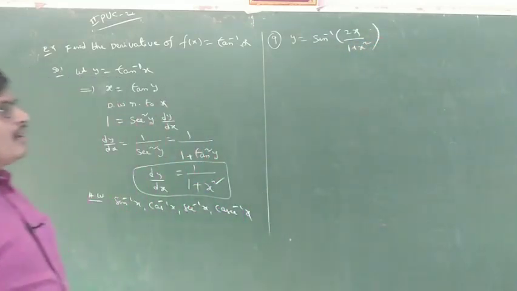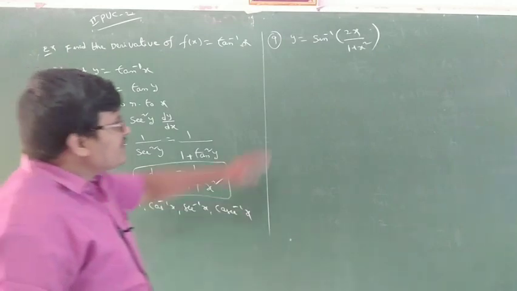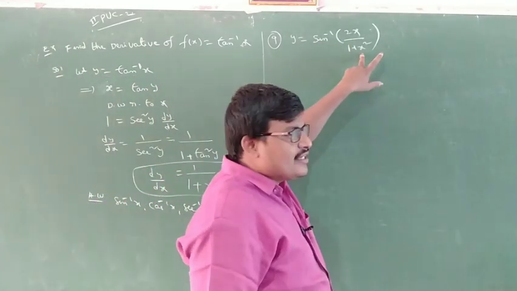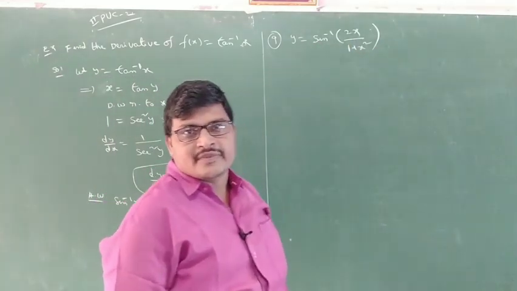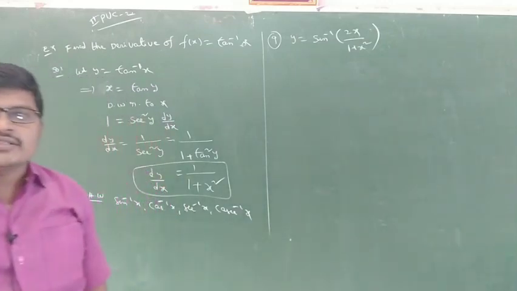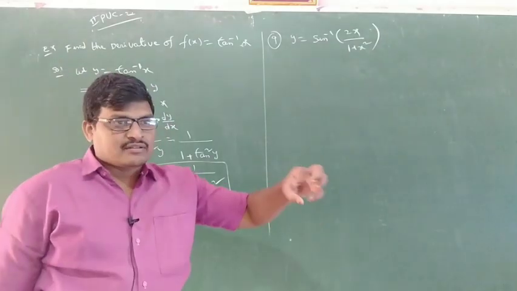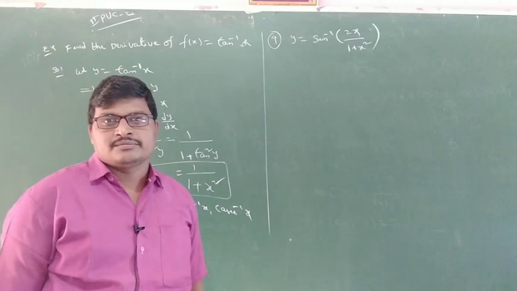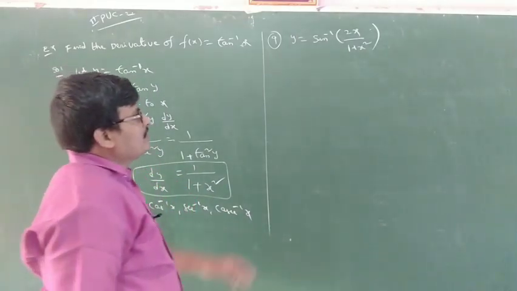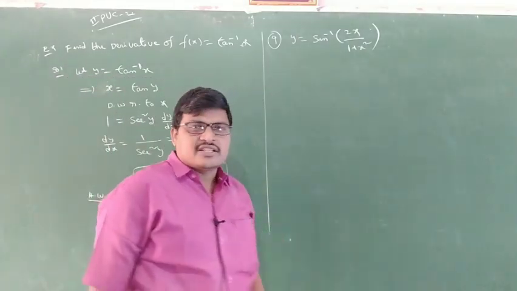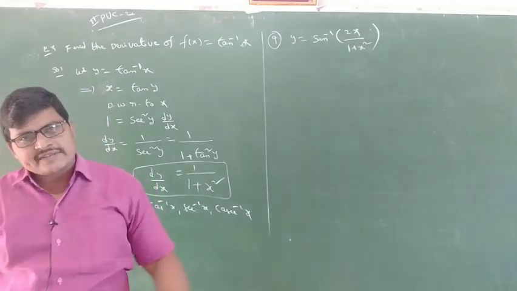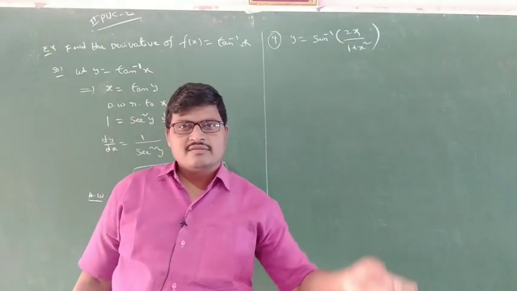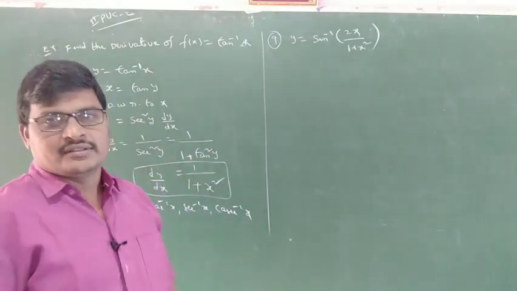What is the formula? Sin inverse of sin theta is equal to theta. Cos inverse of cos theta is equal to theta, depending on its domain. Tan inverse of tan theta is equal to theta, and cosecant inverse of cosecant theta is also theta.